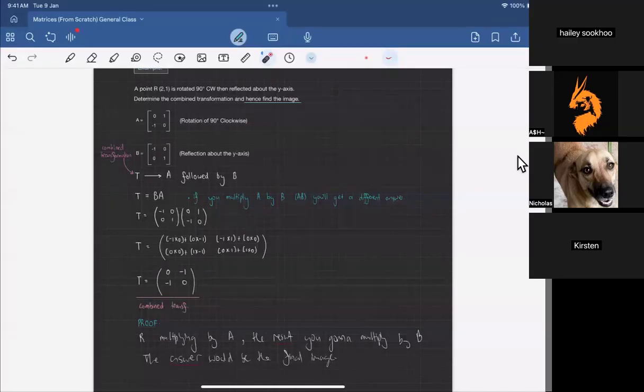So the answer should be minus one, minus two. We're saying that if you take 2, 1 and rotate it 90 degrees clockwise and reflect it, that's the point you get.